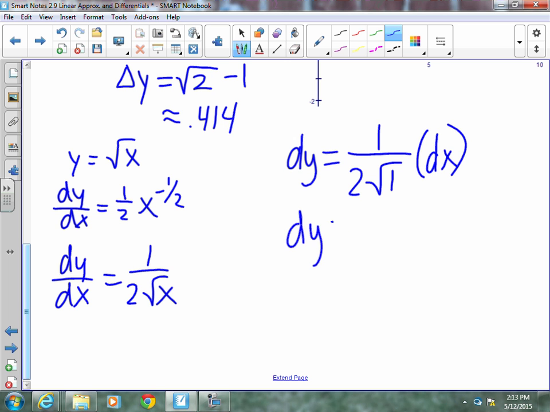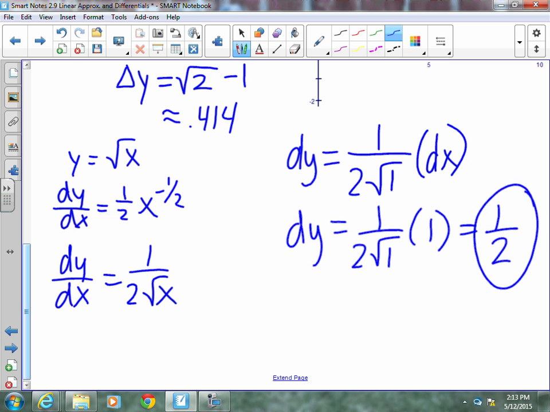So dy is 1/2 radical 1 times 1, or 1/2 is our value for dy. Now dy is an estimation. Is 1/2 close to 0.414? Yeah, pretty close. So it was a relatively good estimate.